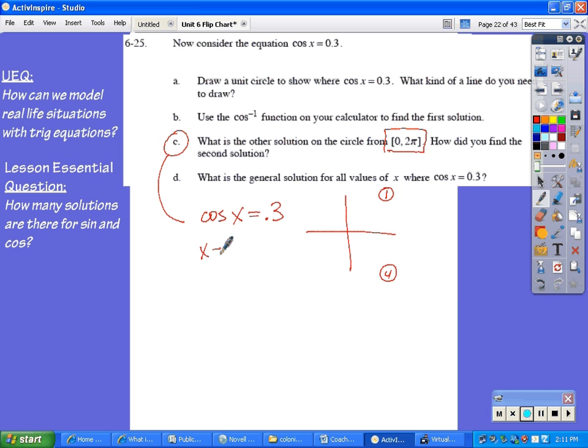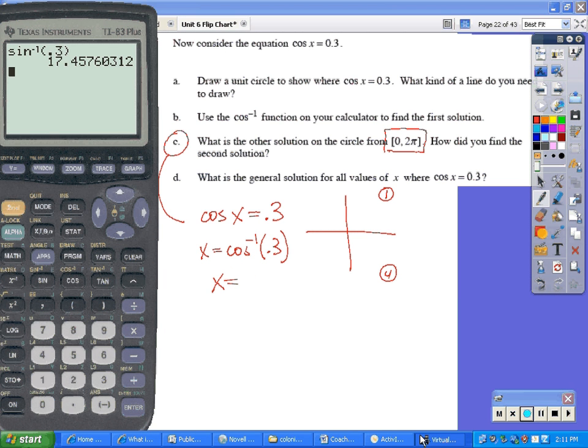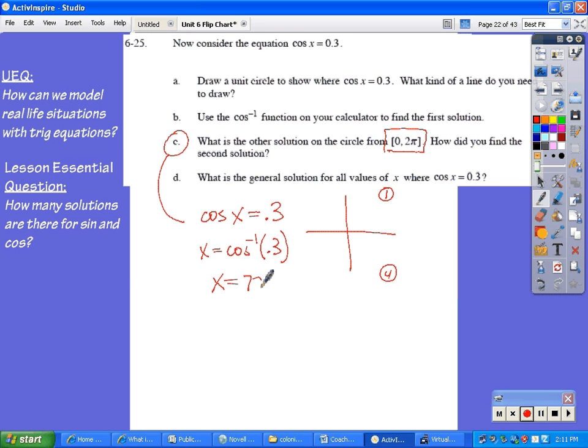So inverse cosine of 0.3 gives me, okay, inverse cosine 0.3, and I'm going to get 72.5 degrees. Obviously, that is my answer in the first quadrant, 72.5. To give my answer in the fourth quadrant, I'm going to take 360 minus that reference angle.